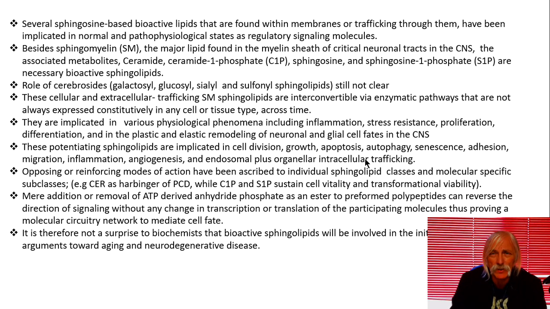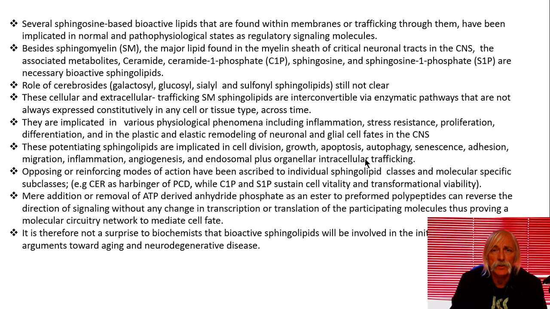So the role of cerebrosides, which are more complex sphingolipids than simple sphingomyelin, which is basically just ceramide with phosphatidylcholine. Cerebrosides include galactosyl, glucosyl, sialyl, and sulfonyl sphingolipids. We don't really have enough information yet about how cerebrosides may play a role in Alzheimer's disease. There are papers out there and we can talk about it. But right now, I'm really keying in on sphingomyelin, that more simple, otherwise still somewhat complex lipid motif and metabolic system network grid.